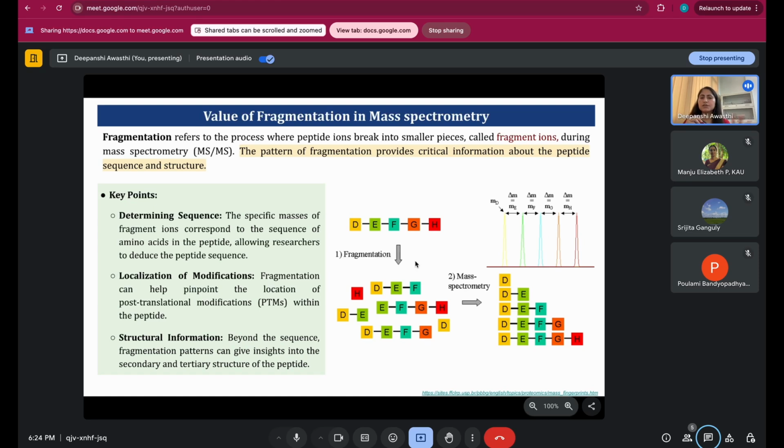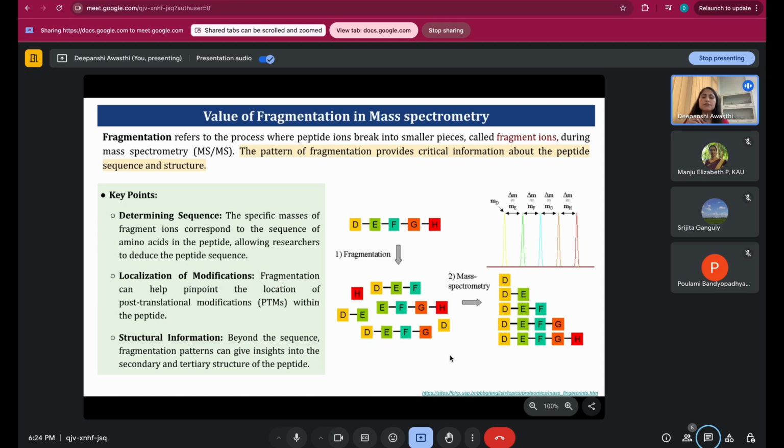There are different methods, such as electron-based ionization or others, through which these bonds are broken, and after breaking the bonds we are able to see the fragment ions. The first fragment formed could be DEFG, and then H is separated, or it could be DEF and then GH are separated, or H or G are separated, or D is separated.